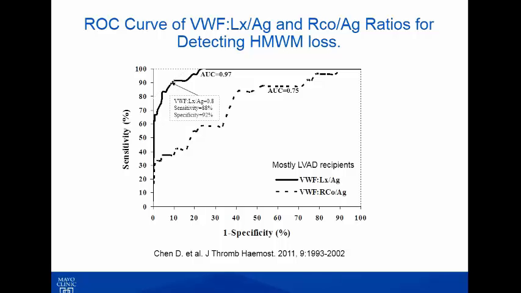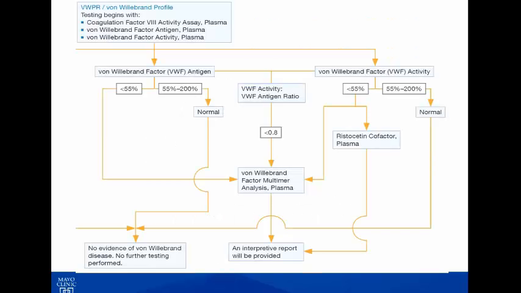And also, the ristocetin, in our experience, is somewhat insensitive to acquired von Willebrand syndrome in this particular setting. So that's the reason why this is our algorithm to test for von Willebrand disease. And the 0.8 in the middle came from this study. This has worked well in our experience for patients with severe shear-related acquired von Willebrand syndrome.